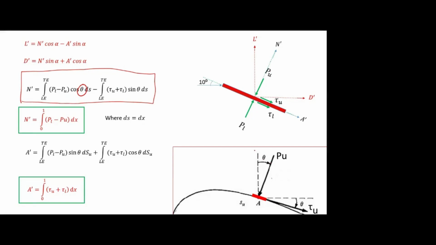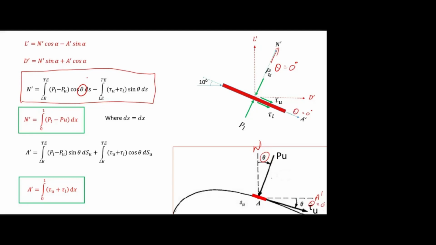For example, here this is the normal force direction, this is the axial force direction, and this theta we have taken is the angle between the pressure and the normal force direction. But here the normal force direction is tangent to the chord line, so both normal force and pressure are in the same line. That means theta is 0 degree. Shear stress and axial force are also in the same line, that means 0 degree.